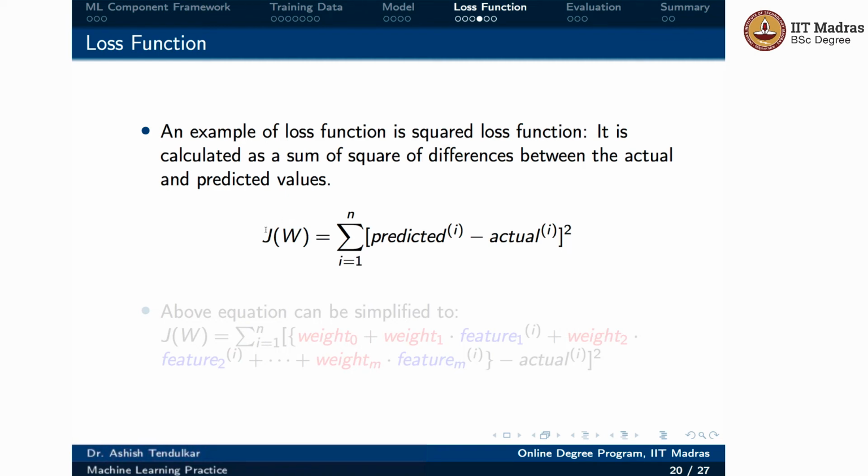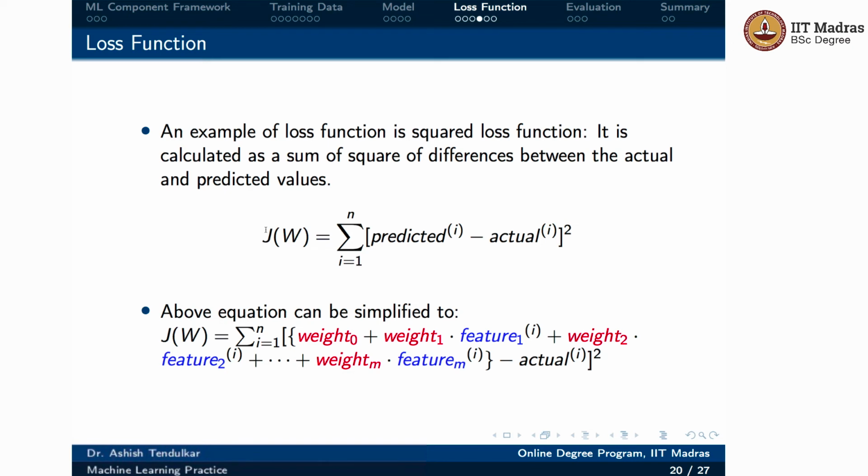Okay, and now we can simplify this equation by substituting the formula for predicted from the linear model that we saw in the earlier slide. So what we are doing here is substituting the formula for the predicted value with the linear model, and you can again note that this is feature 1 for the ith example, feature 2 for the ith example, and this is feature m for the ith example.